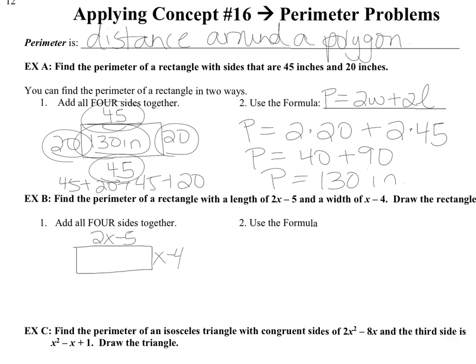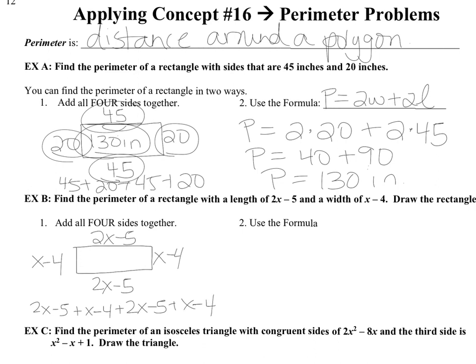So we know since this is 2x minus 5, the one down here is also 2x minus 5. The one over here is going to be x minus 4. So one thing you could do is just add up all of the sides. So basically you're doing 2x minus 5 plus x minus 4 plus 2x minus 5 plus x minus 4.